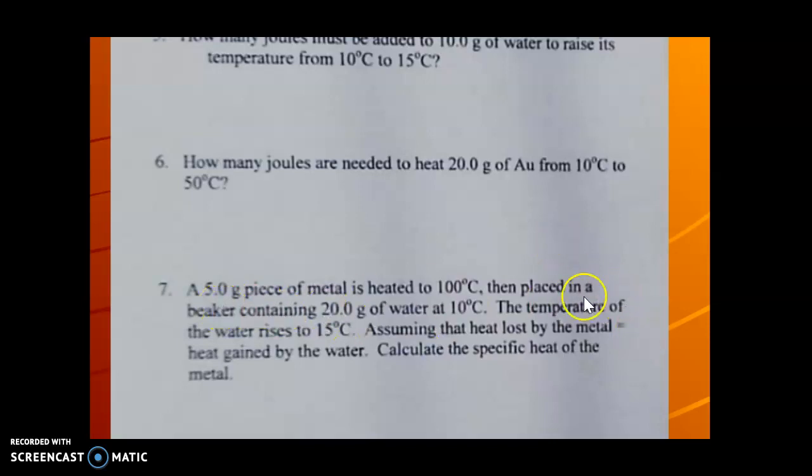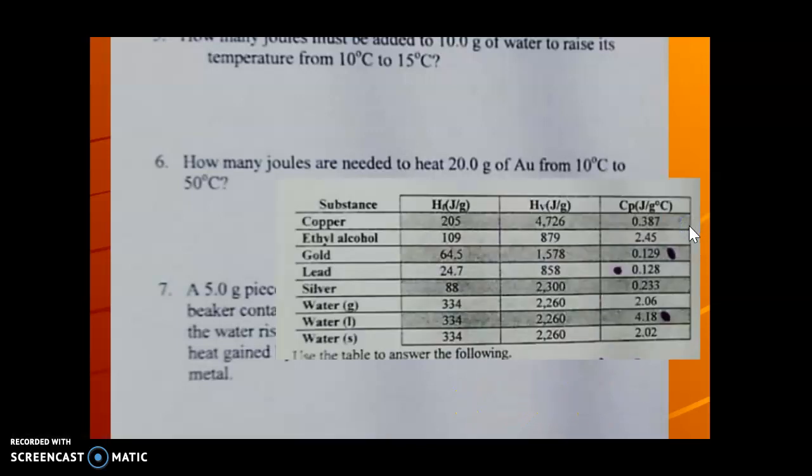Take a look at this one. This one's got two variables and two situations that you have to consider. So in this one, you would need to take two different problems and set them equal to each other to solve this one. So there's quite a number of differences in different types. You would need the constants in order to handle each of these. So doing this first one, number 5, you would use Q equals mcΔT.